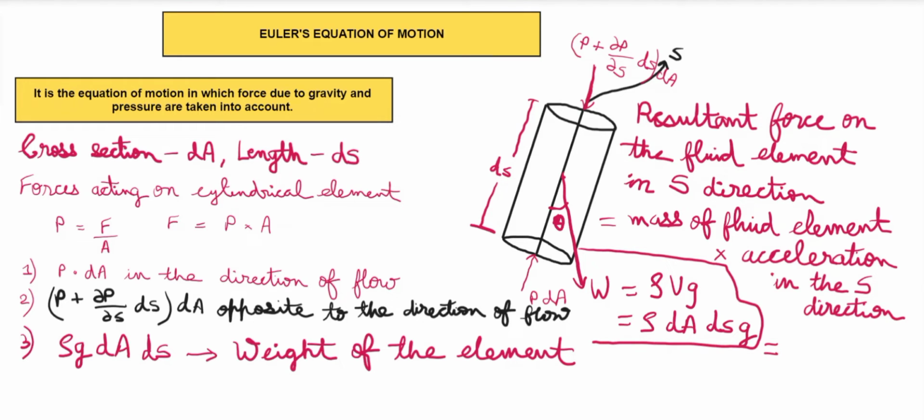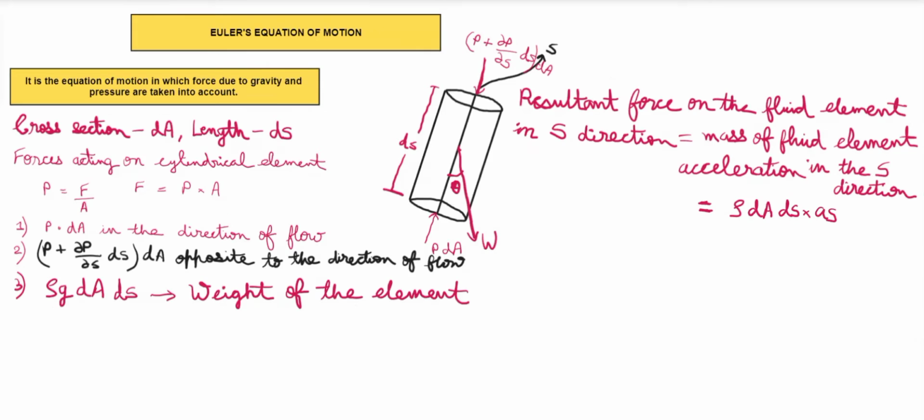So it will be rho dA ds into a_s. How did we get this mass equal to rho dA ds? Let's just see that. Mass is equal to density into volume, because we know that density is equal to mass upon volume. So mass will be equal to rho into volume, which is dA into ds.